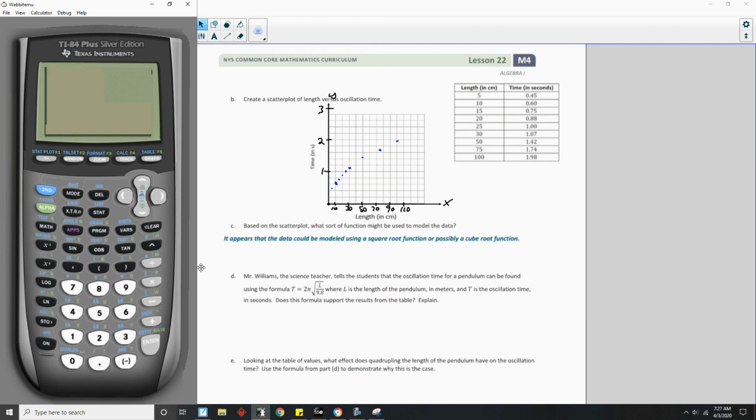So now when I graph that, oops, what happened? Zero to 100 for x, 0 to 2, scale. Okay, the y scale has got to be way smaller. Let's try 0.1 for starters.